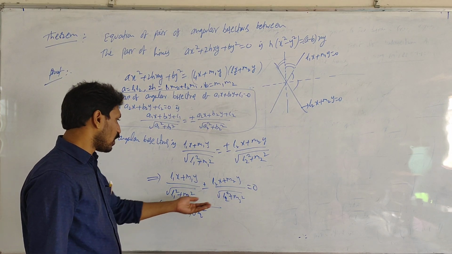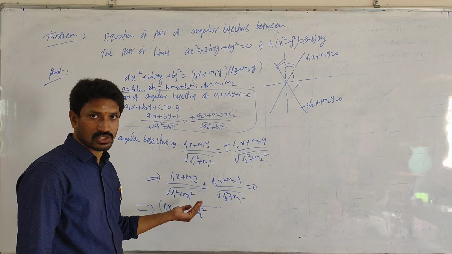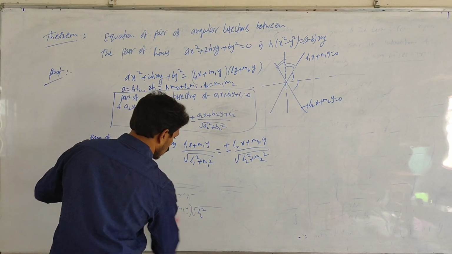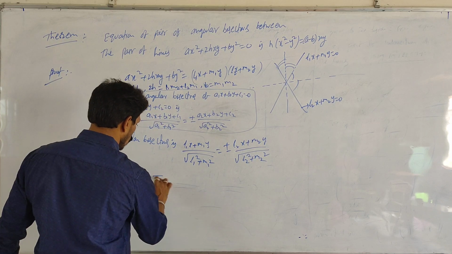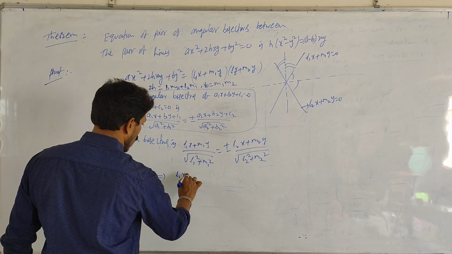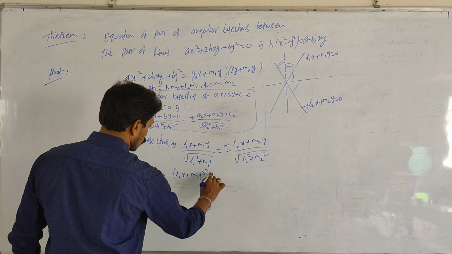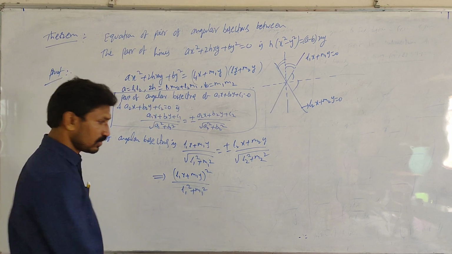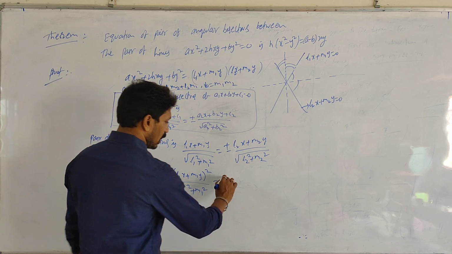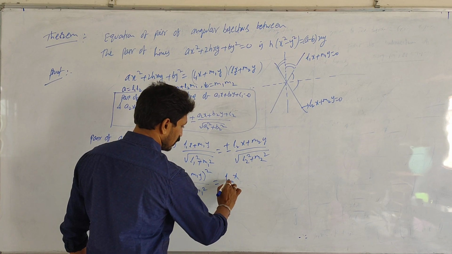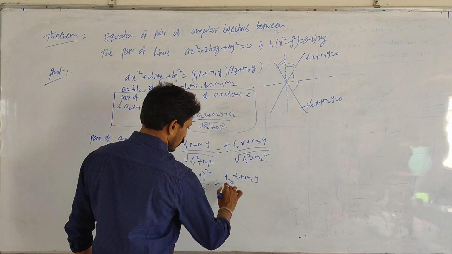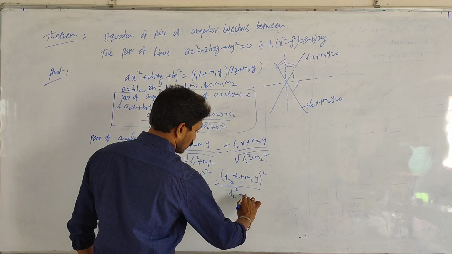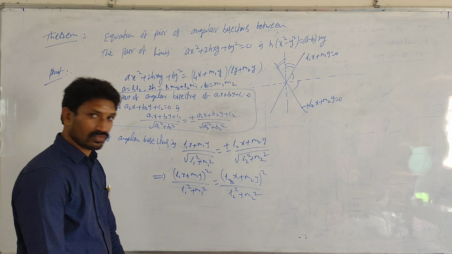After that, to cross multiply it, that is also one of the best methods. So first you go for squaring on both sides. So what you have? l1x plus m1y whole square by l1 square plus m1 square is equal to l2x plus m2y whole square by l2 square plus m2 square.